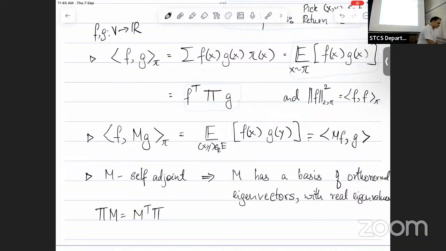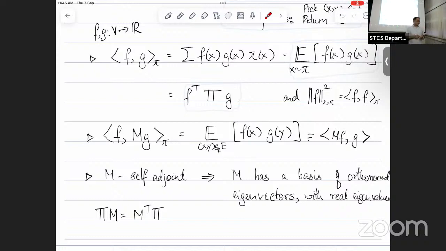Normally, for an arbitrary matrix and arbitrary inner product, you would replace this M with M transpose; that is what makes the equation true. But it suggests that under this inner product, M behaves like it's symmetric, like M transpose equals M in some sense.